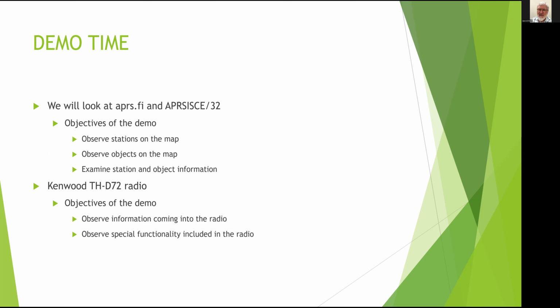So the advantage of the SignaLink is I can tweak it dynamically very easily by just reaching over and grabbing it. The disadvantage is I can tweak it dynamically by reaching over and grabbing it, even if I didn't mean to, right? If I bump my SignaLink and one of those knobs gets turned, suddenly I'm not decoding packets anymore because they're coming in at like 5 times the volume that they should have. So that's the idea there.